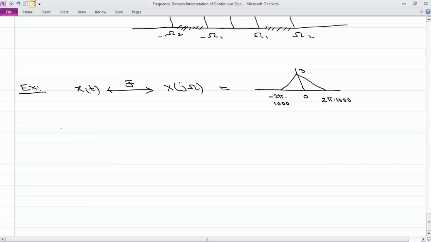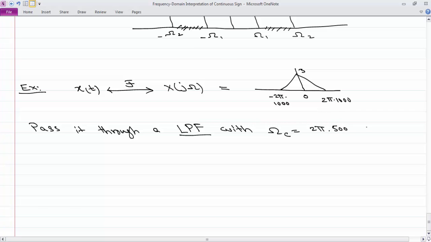And then I pass it through a low pass filter. Now, a low pass filter is often written as LPF with omega c equal to 2 pi times 500 radians per second. Sometimes you just say it's a low pass filter with this cutoff frequency.